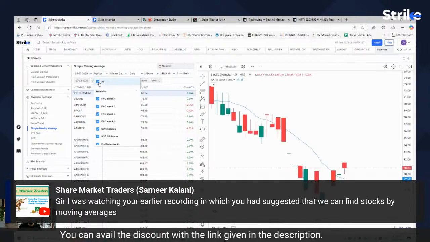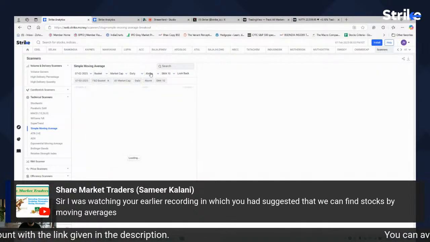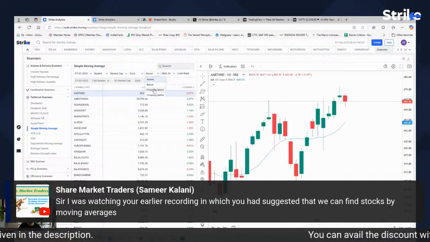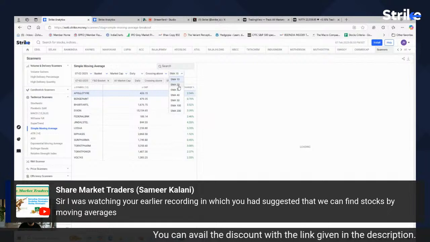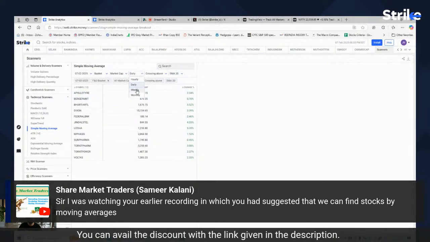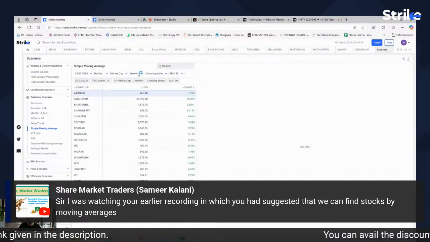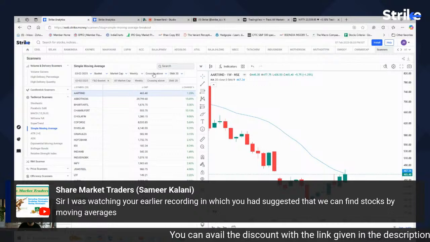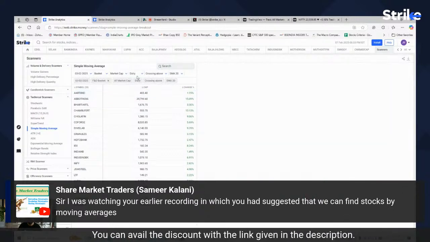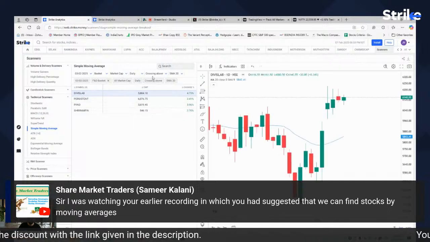If over here I remove the basket and put only FNO, and say I want to see which stocks are crossing above the 20 week, I will type weekly over here, and the list that you get is all the stocks that are trying to close above the weekly chart. Similarly, if you want it for the daily chart, you will be able to see those as well.